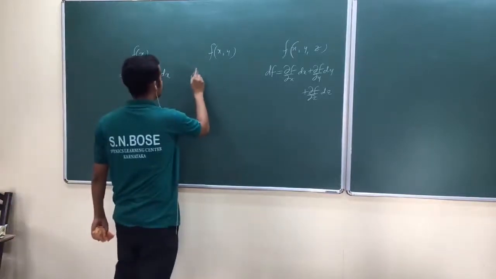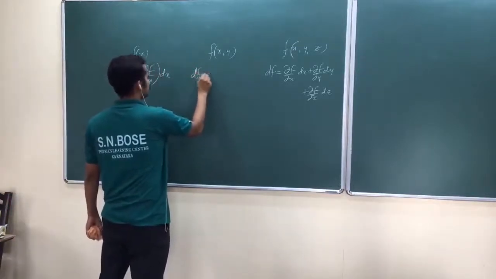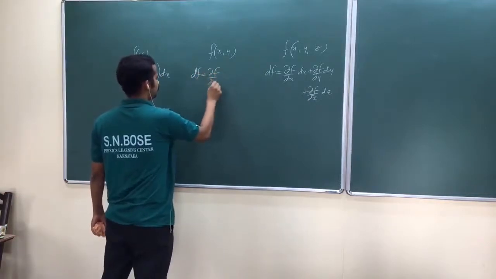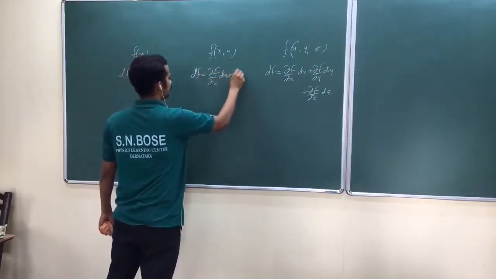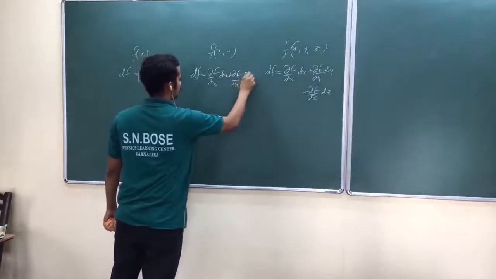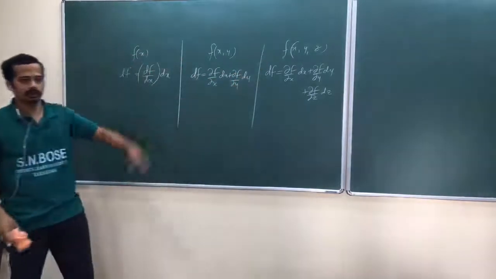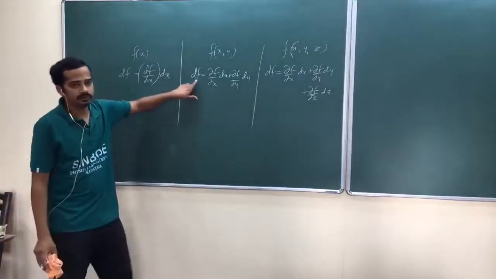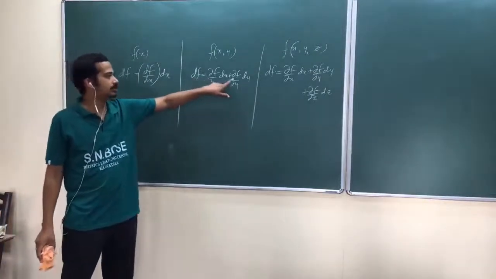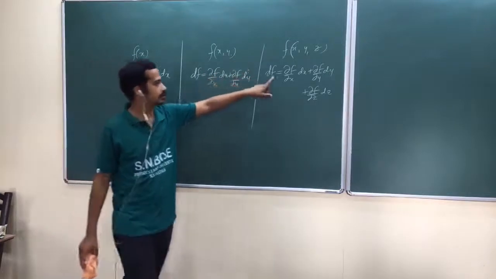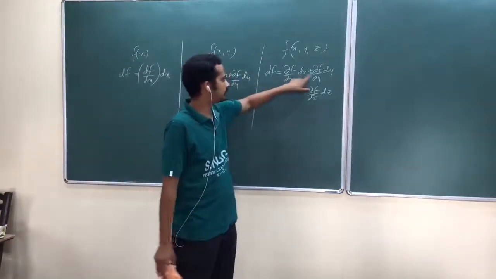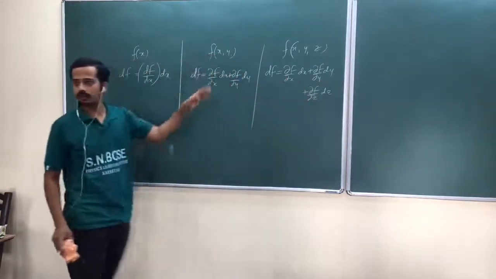Similarly, if I generalize that to two variables, df is equal to ∂f/∂x into dx plus ∂f/∂y into dy. In two and three variables, it is very visible. So the change in f is due to the change in x, change in y, change in z, all three variables.